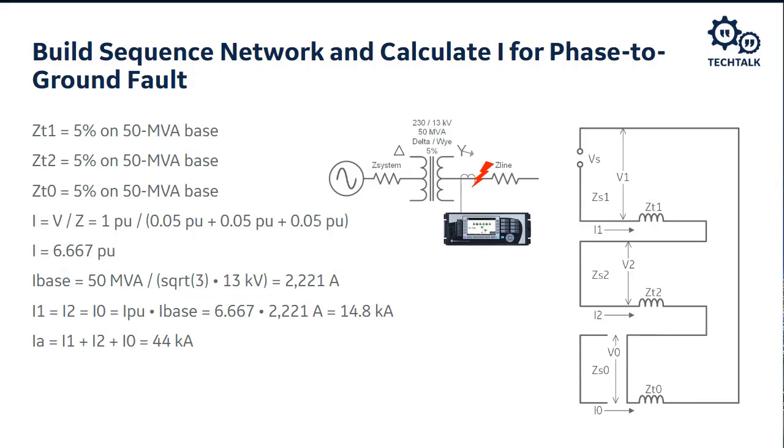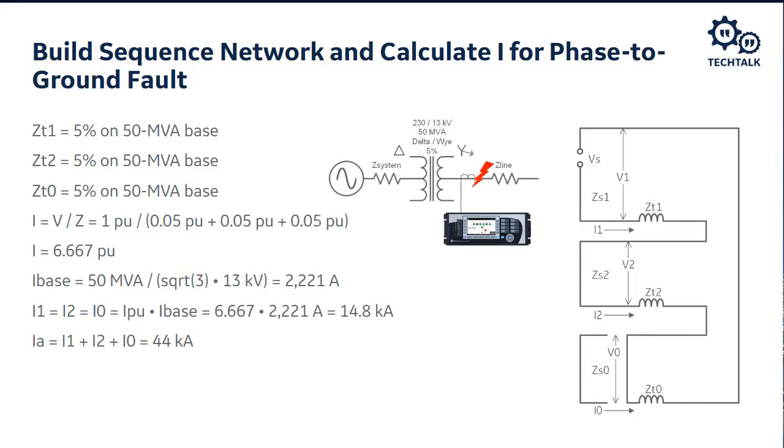I'd really like to know what it is in the real world, so I'm going to calculate my I base. My I base is the transformer MVA divided by the square root of 3 times the kV of the transformer. The base quantity of the transformer is 2,221 amps.